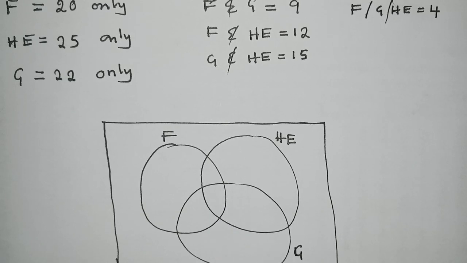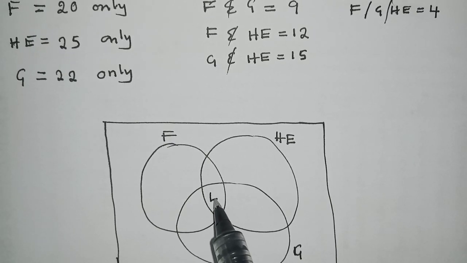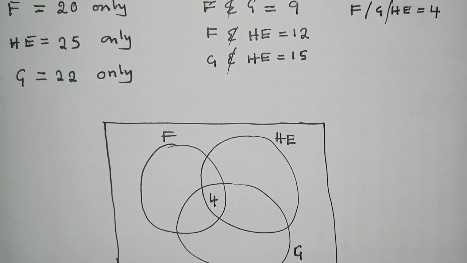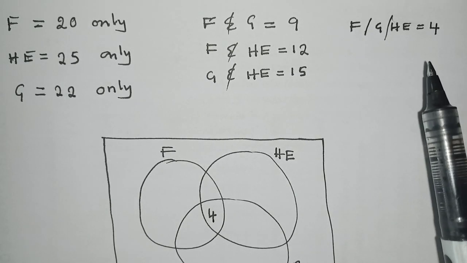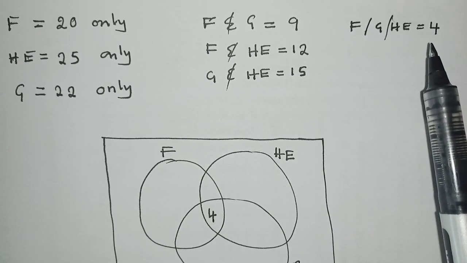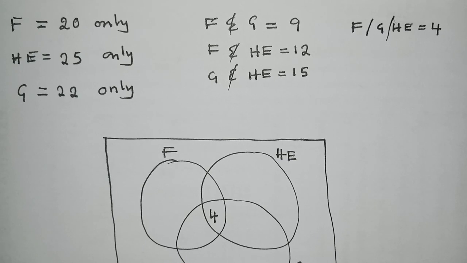So where is the intersection of all the sets? It's here. What number are we supposed to put here? It's a 4. Because these 4 students took all the subjects.